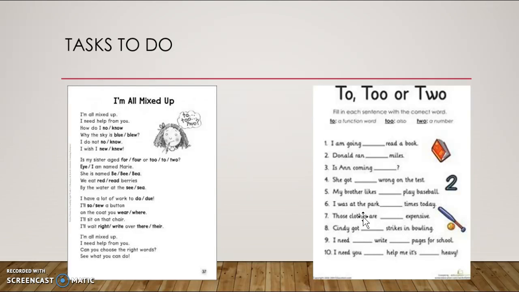The last one on the sheet, two, is a number and we use it to tell something about how much it is of something. These are good tasks to work with the differences between the different words. Some pre-work is required so that pupils can work with this on their own.